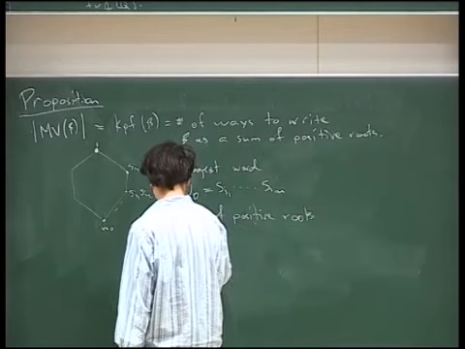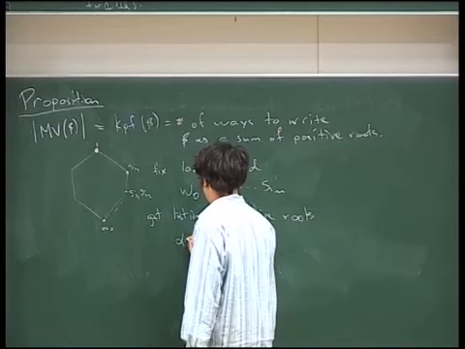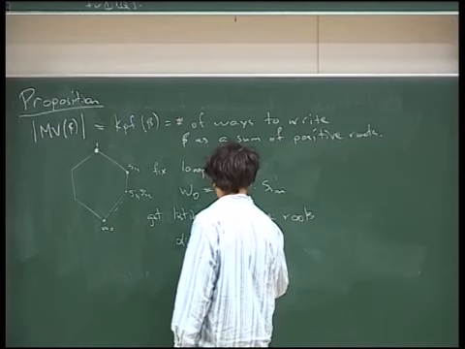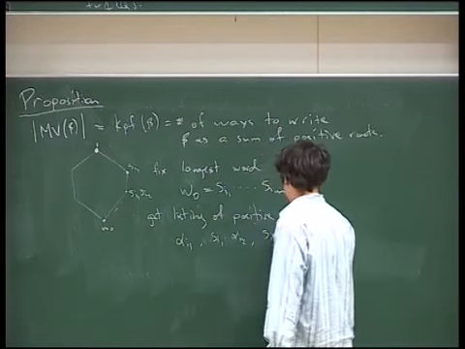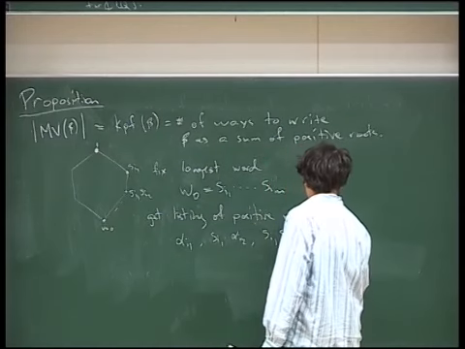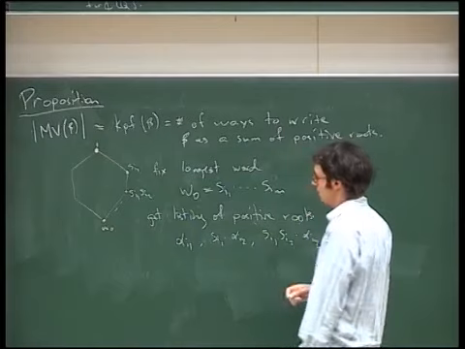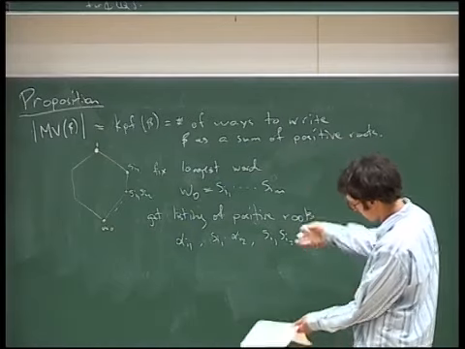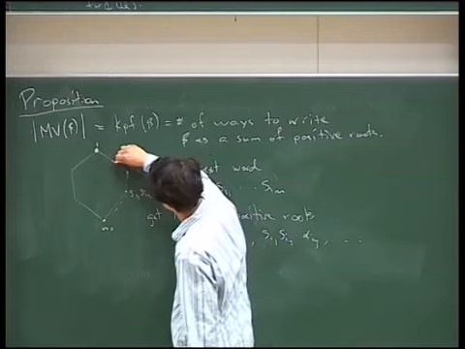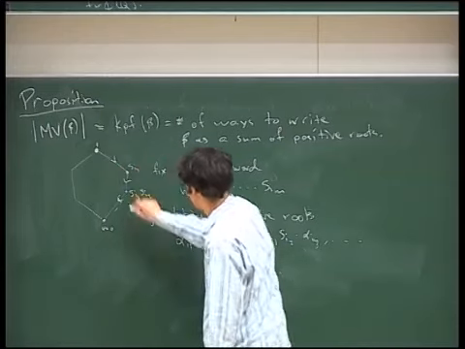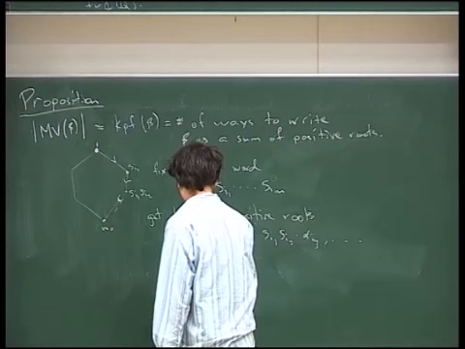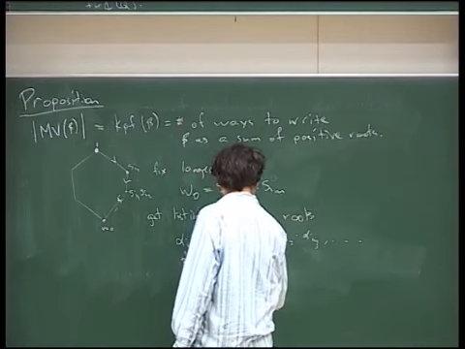It goes like this: alpha i1, s_i1 alpha i2, s_i1 s_i2 alpha i3, and so on. And these are actually the directions that these edges point in. So all the positive roots occur once in this ordering.